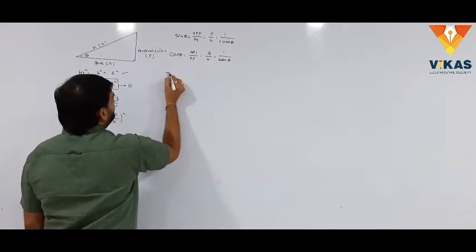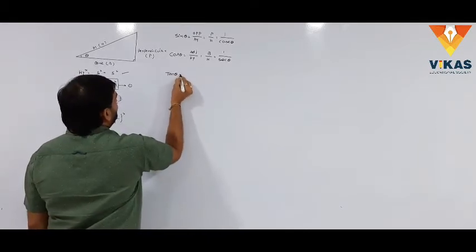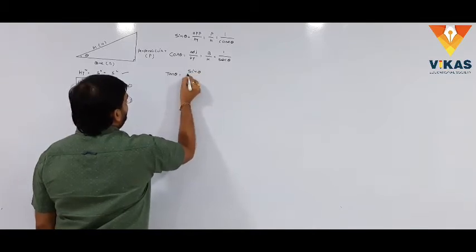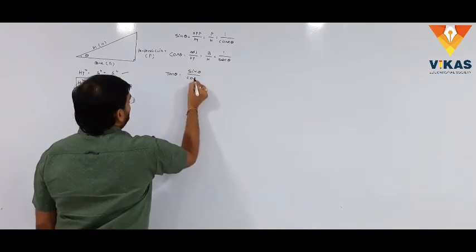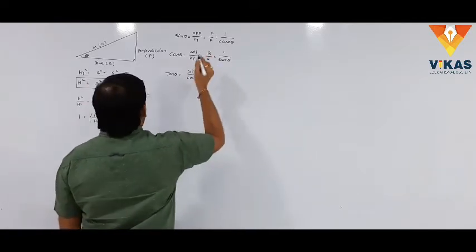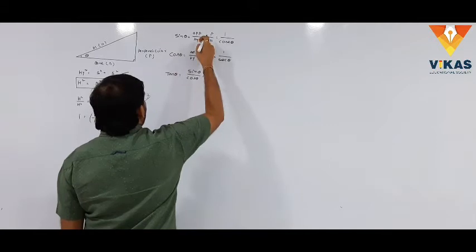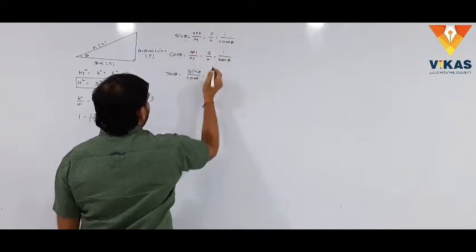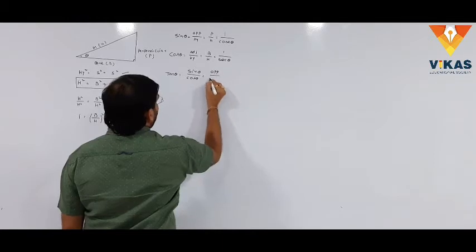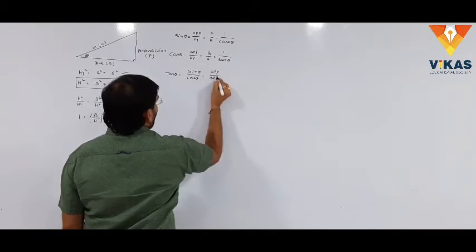Similarly for tan theta. Tan theta equal to simply sin theta by cos theta, which is equal to sin by cos. Hypotenuse gets cancelled. That is opposite side by adjacent side.